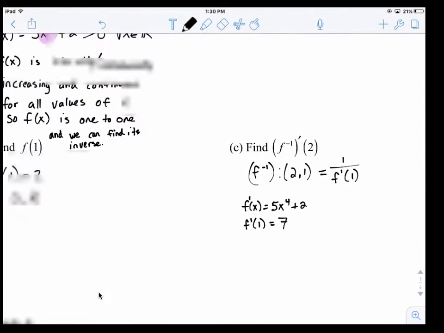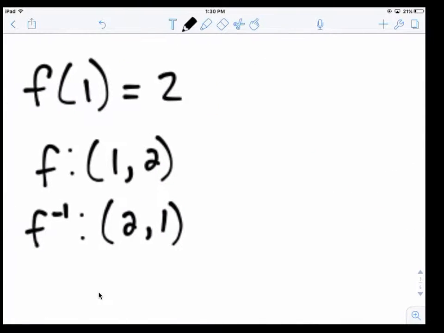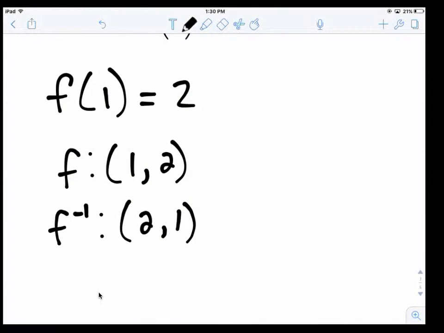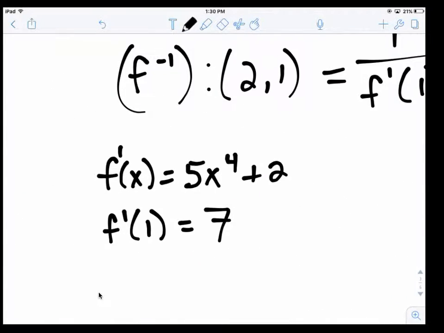It came from this point over here. So if I want to figure out the slope of this function at 2, I need to find the slope of the original at 1 because they are opposites of each other. If you plug in 1 into the original, you get 2. And again, you just switch these points. So we figured out that the slope of the original at 1 was 7.